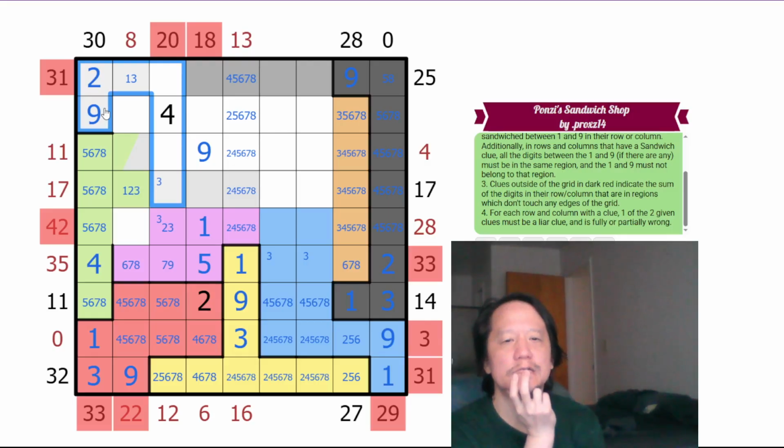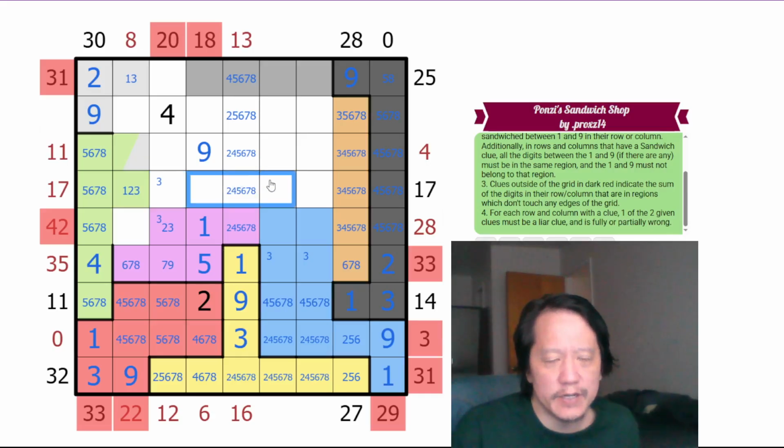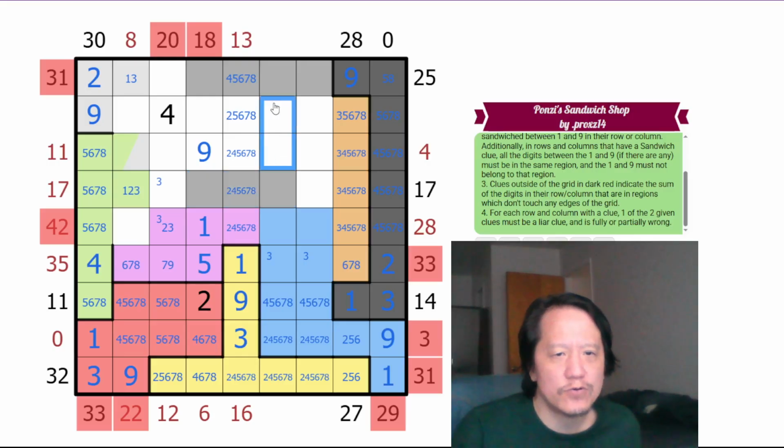Interesting. So medium light would be possible. What about medium? It cannot be these 3 as medium. What about these 3? 4, 5, 6. 1, 2, 3, 4, 5, 6, 7, 8, 9.